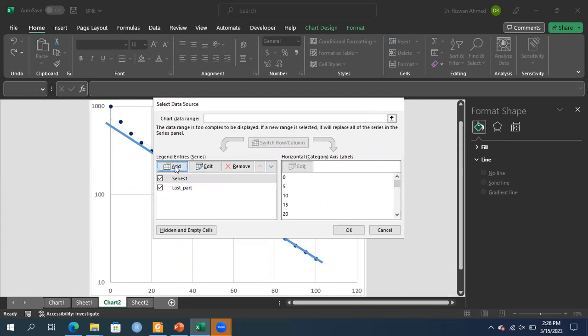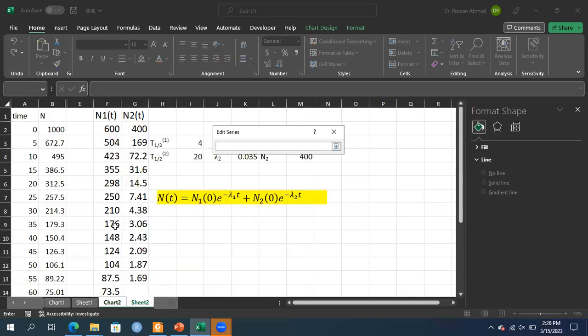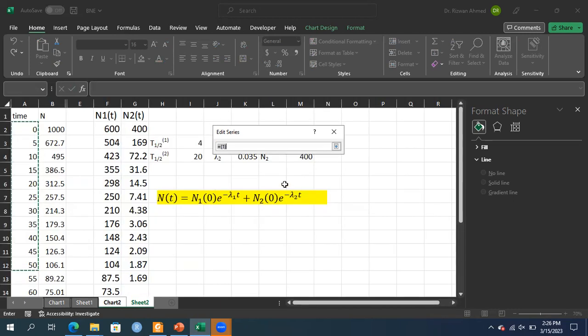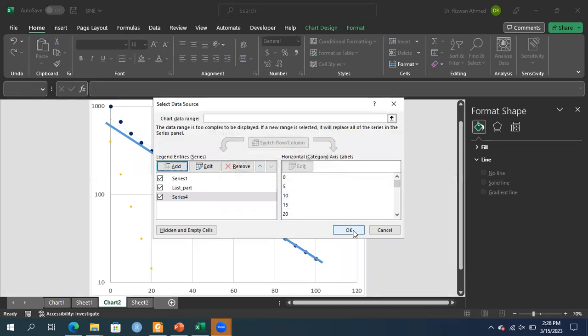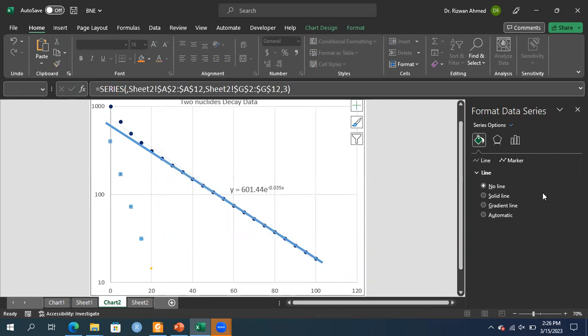So I will add another series to it, the time axis, the first 50 time units in minutes, okay? These are the yellow points.